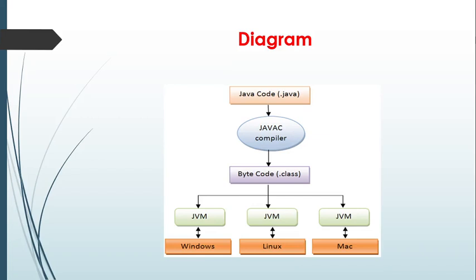These features make Java platform independent. Here we can see clearly that the .class file will run on Windows JVM, Linux JVM, and Mac JVM, and it doesn't require anything else to run on another platform. So this bytecode makes Java platform independent.